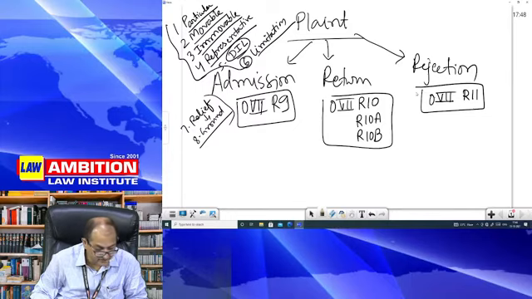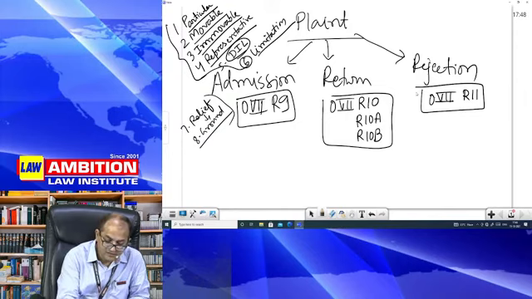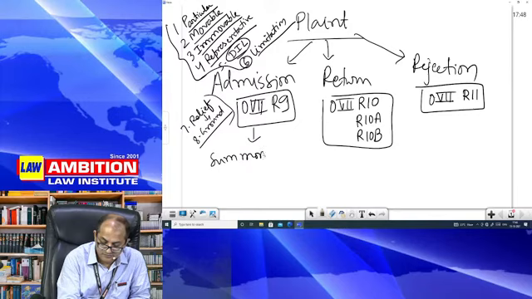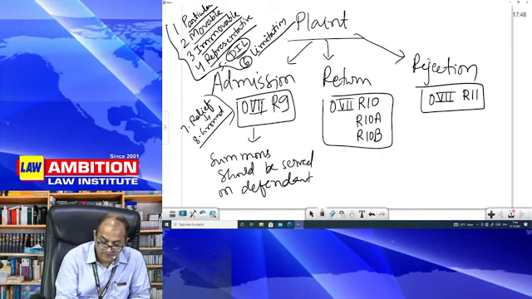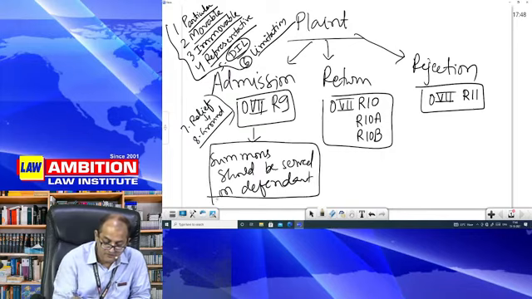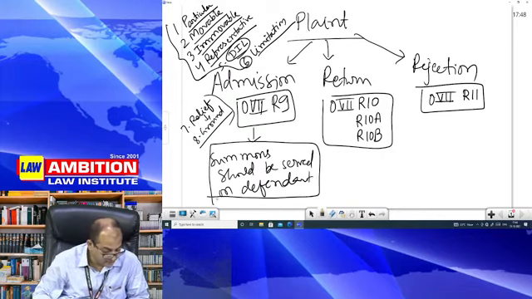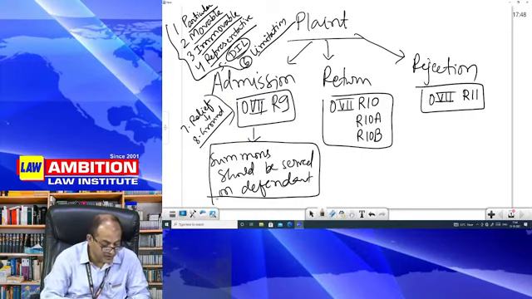So it clearly says that the moment you admit the plaint, summons should be served on the defendant. There may be multiple defendants also; summons will be served to all of them. Summons be served on the defendant in the manner provided in Rule 9 of Order 5.